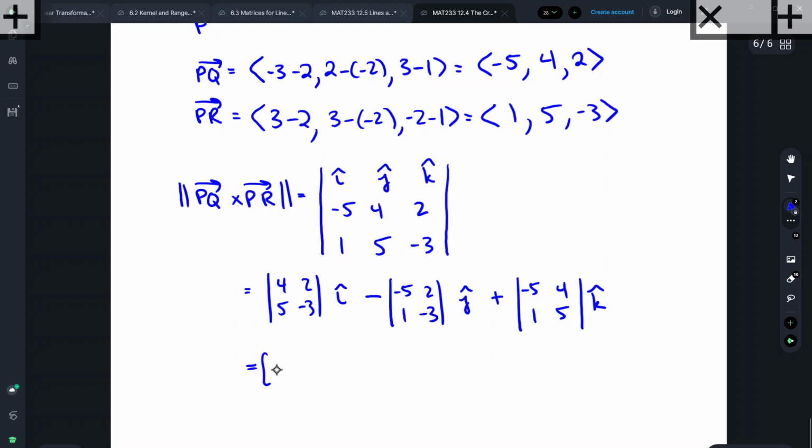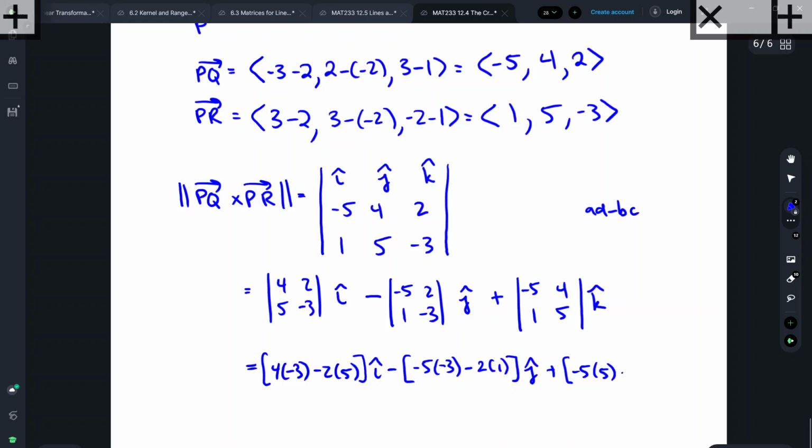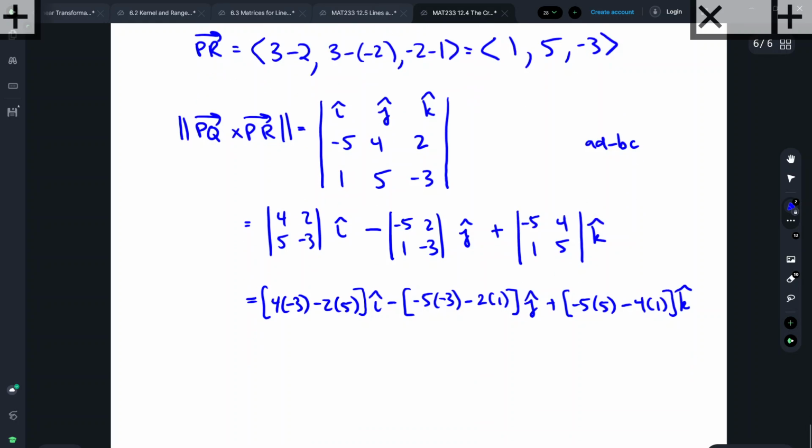So this is 4 times -3 minus 2 times 5, right? Again, I'm just doing AD minus BC. Minus this: -5 times -3 minus 2 times 1. Plus -5 times 5 minus 4 times 1, k hat.